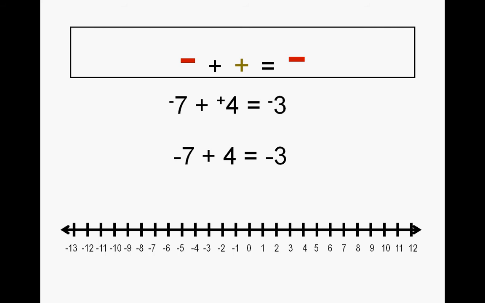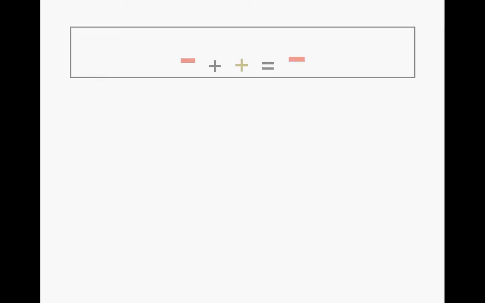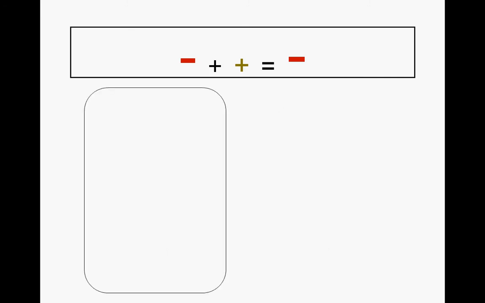So using a number line, our vector length of negative 7 going to the left, and now we add our vector length of 4 going to the right. Again, it is not enough to put us into the positive side of the number line, so our answer is a negative 3. If we're using counters, the same rule applies with 0 sets.